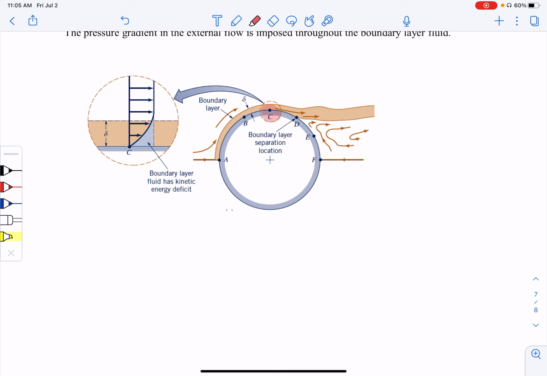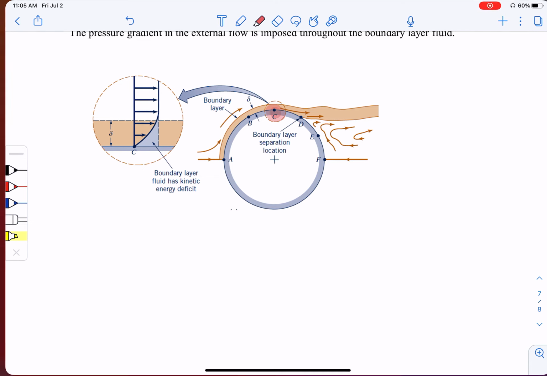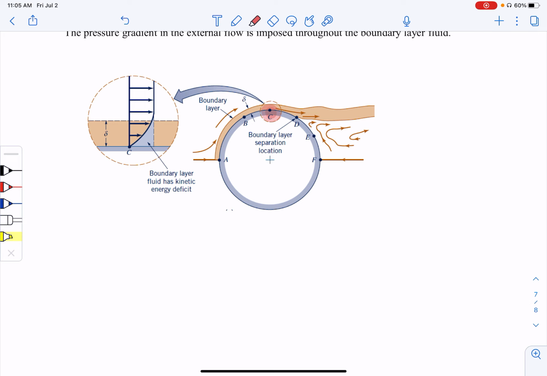The separation happens because the fluid within the boundary layer doesn't have enough energy supply, so the fluid flows against the increasing pressure as far as it can, and then at some point the boundary layer separates from the surface. This is why we have a separation right here, and this is the zoom of the boundary layer at the separation location.